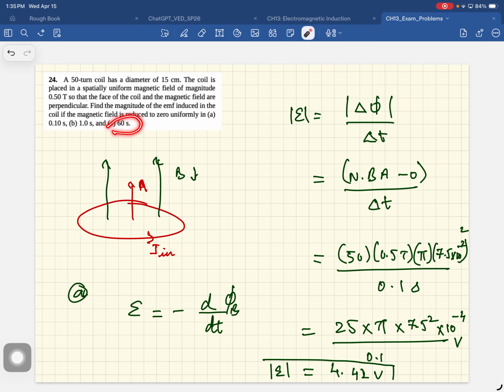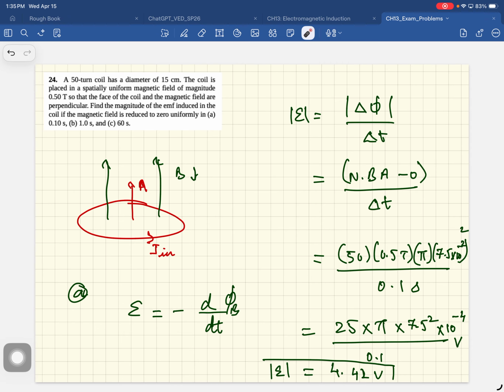All right, so here, use Lenz's law to determine the direction of the induced current in each case. Here the magnetic field is coming out of the sheet. If you move this wire in this direction, the flux in this direction is decreasing. So what does Mr. Lenz say? The induced current is such that it opposes this change.